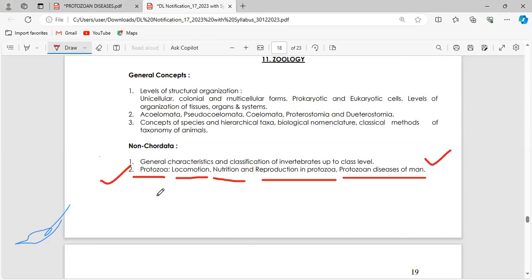After completing malaria, in the last 20 to 25 minutes, I'm going to conduct a small test. I'm going to unmute everyone and ask questions immediately, and you have to answer. You have to analyze, and I'll upload the PPT. You have to revise all the information regarding protozoa.